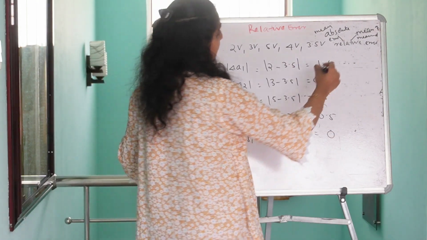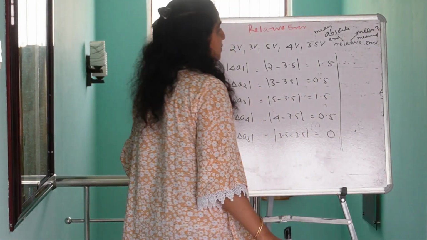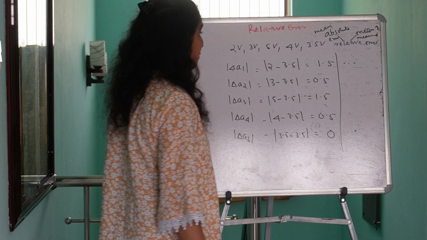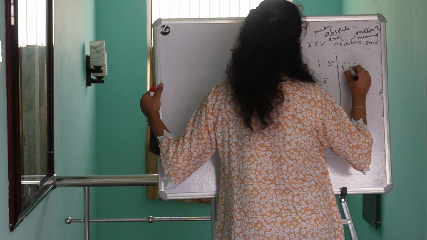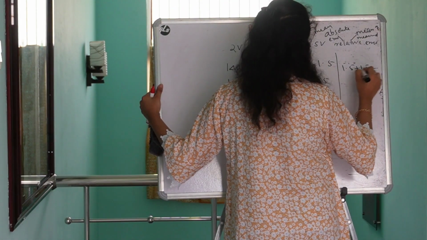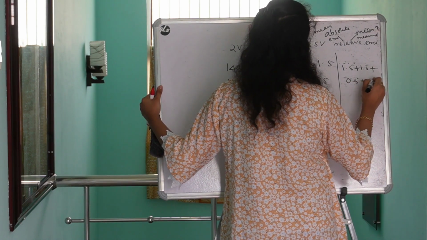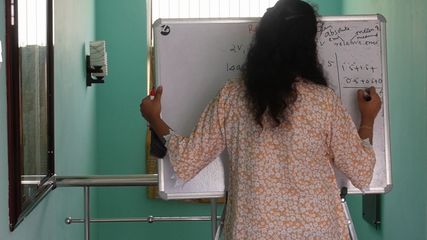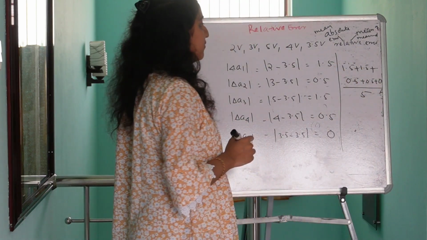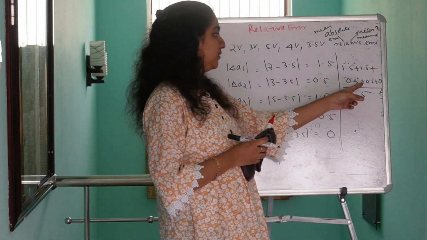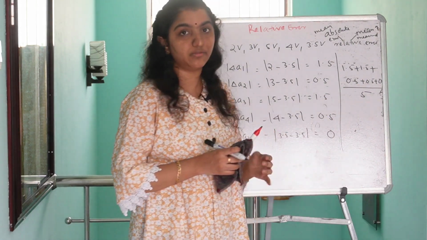So the next step is to find the mean of these absolute errors. So 1.5 plus 1.5 plus 0.5 plus 0.5 plus 0 divided by 5.